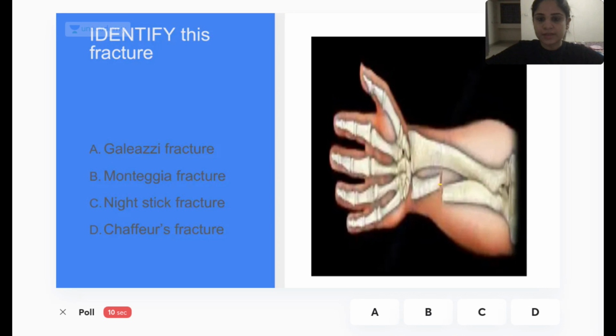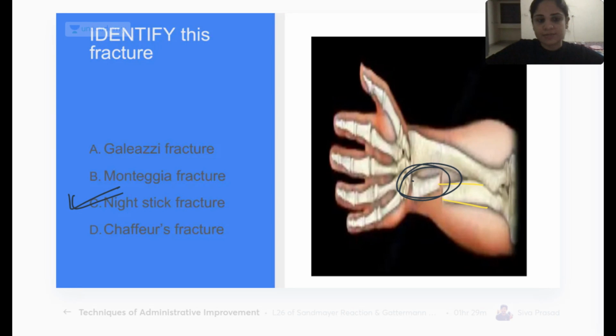Ulna is getting fractured, very good. And is this the proximal or distal part of the ulna? Okay. So this is the distal one third of the ulna that is getting fractured. So this is called your nightstick fracture.